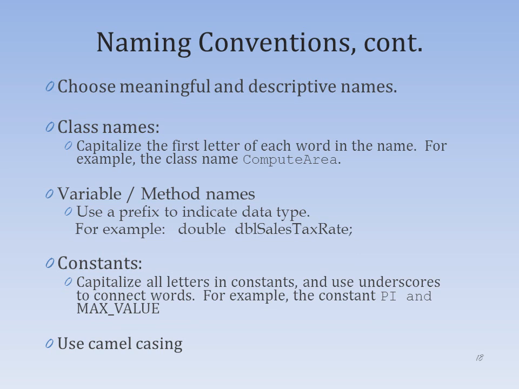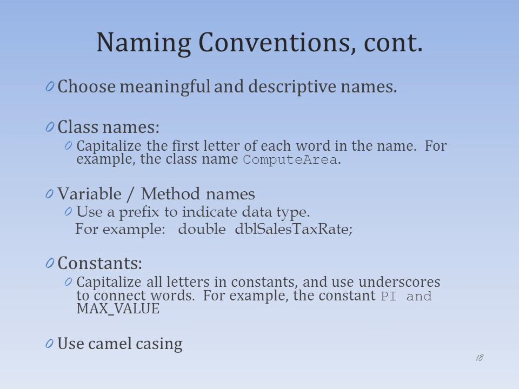Now, a convention that I have observed and I've seen other programmers observe is that when we are creating an identifier name for a variable, we begin the variable name with some type of a prefix, an abbreviation that identifies the data type. So you see my example there of sales tax rate being identified as a double data type.